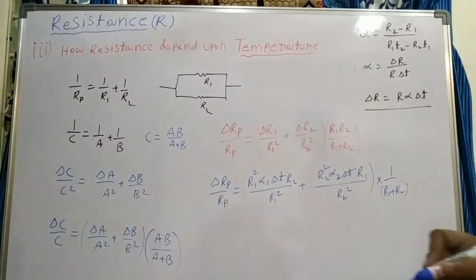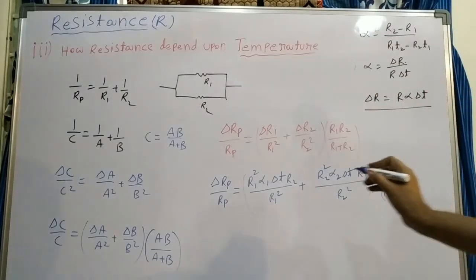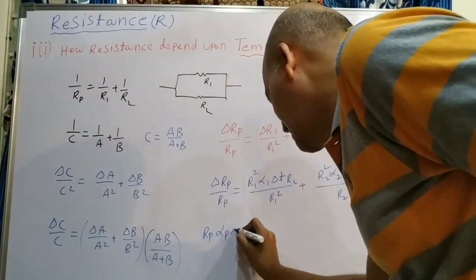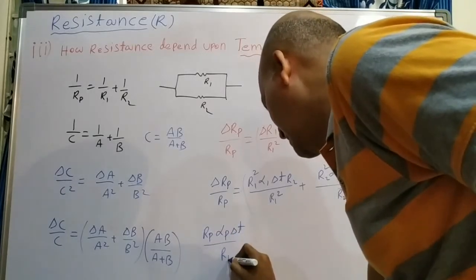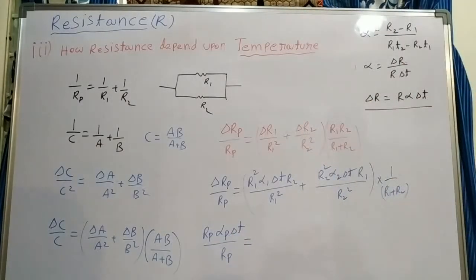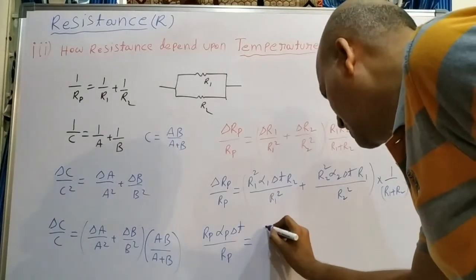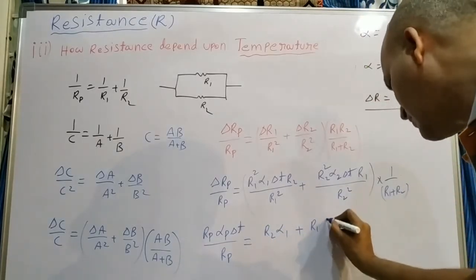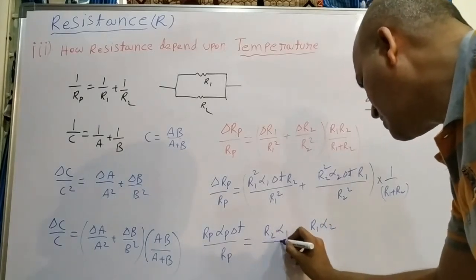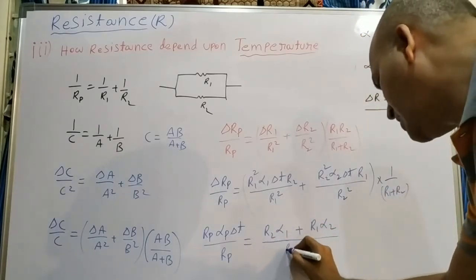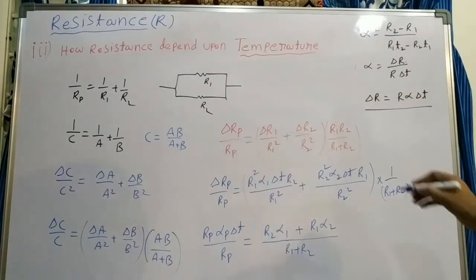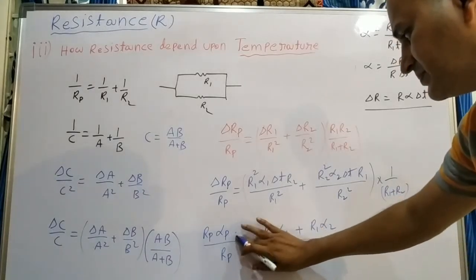delta R parallel. Delta R parallel means you can write R parallel into alpha parallel into delta T by R parallel, which is equal to, here R1 square gets cancelled, and here R1 plus R2 is there. We can write here R2 alpha 1 plus R1 alpha 2, whole by, this is a common R1 plus R2, into delta T. Delta T also gets cancelled here.